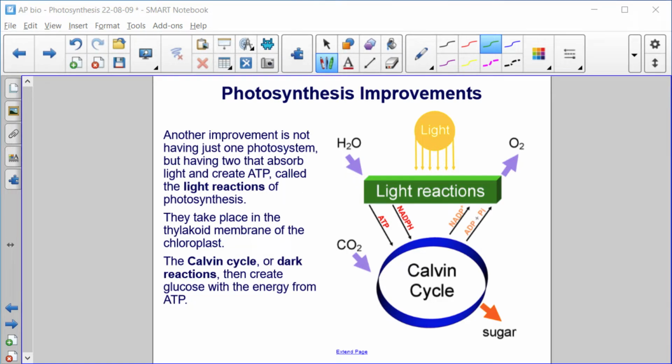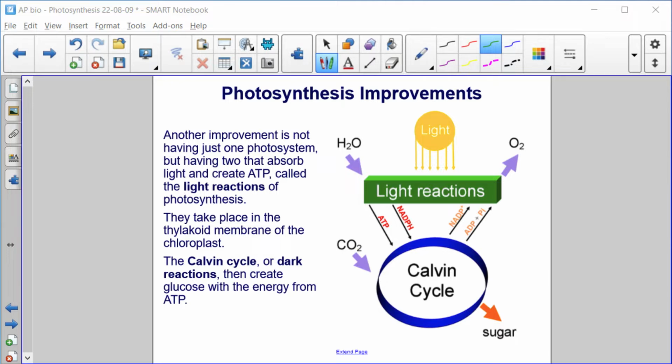In addition to non-cyclic electron transport, another improvement is that we don't just have one photosystem, but two that absorb light and create ATP, called the light reactions of photosynthesis. They take place in the thylakoid membrane of the chloroplast.